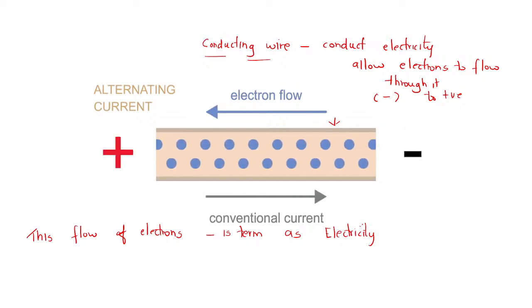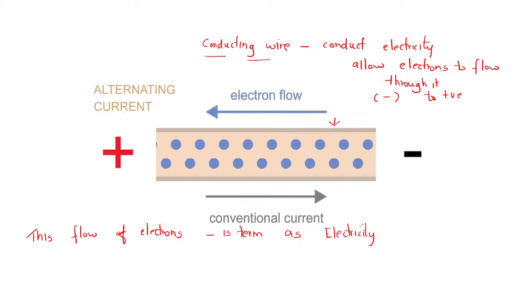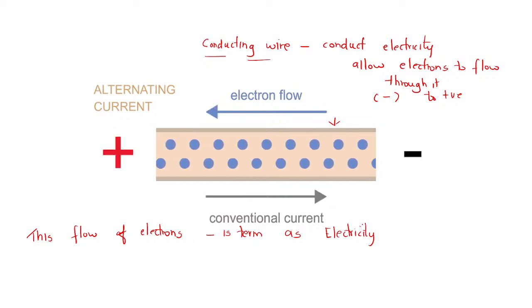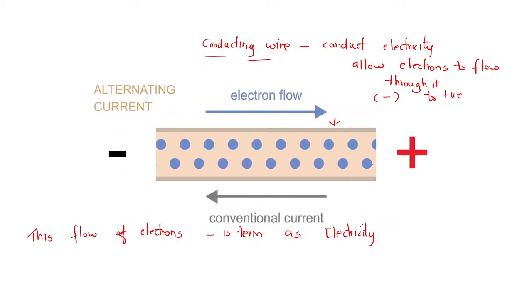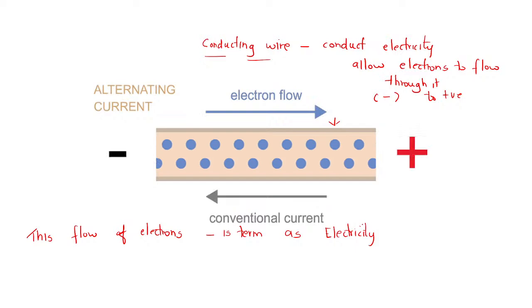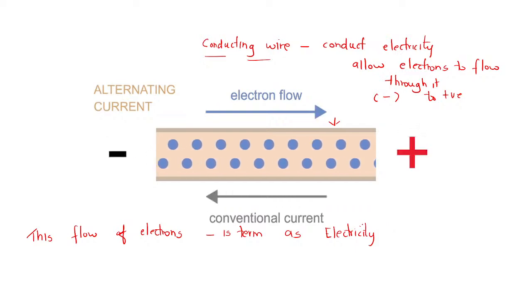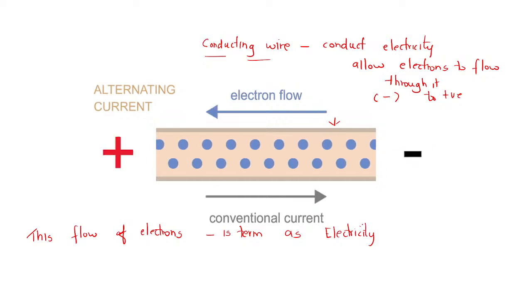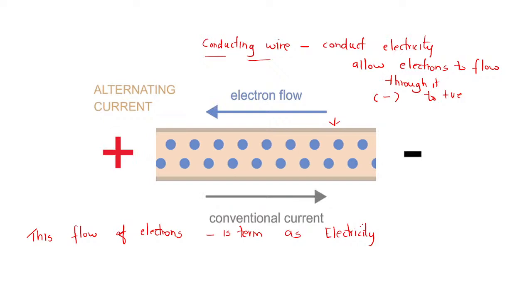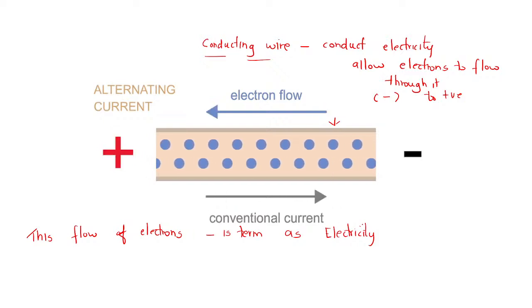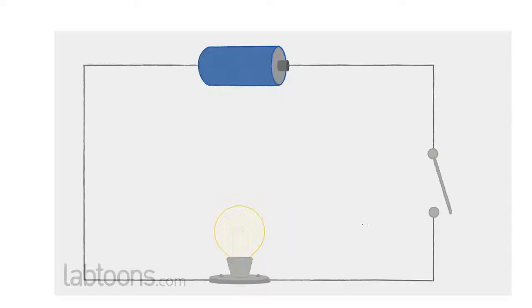As I have already told you, electrons move from the negative to the positive terminal, and electric current flows from the positive to the negative terminal. This is by convention, or by older theories.